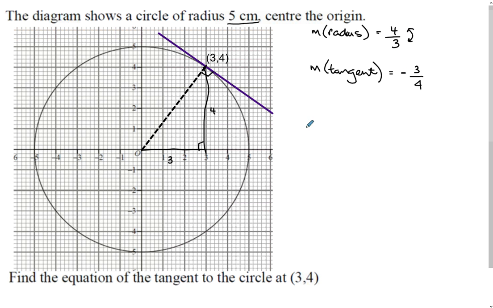Okay, so then the equation of the tangent, you know it starts off with y equals minus 3/4 x, and then we don't know our c, so we just substitute that point in there. So we're going 4 equals, and now you're going minus 3/4 times 3, so you know the minus, and then on the side here you go, oh, 3/4 times 3 equals 9/4, which is 2¼.